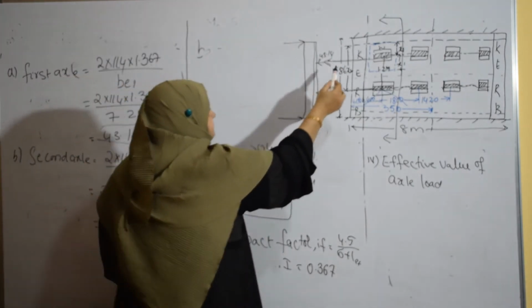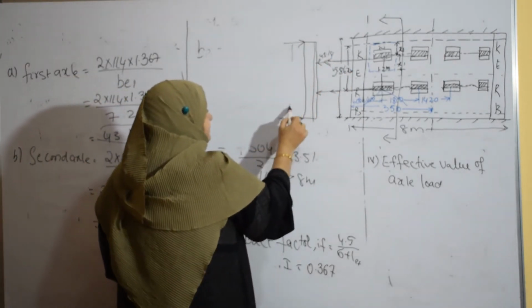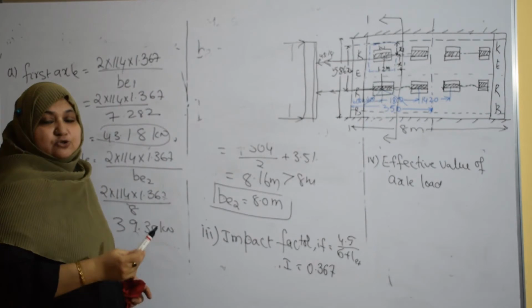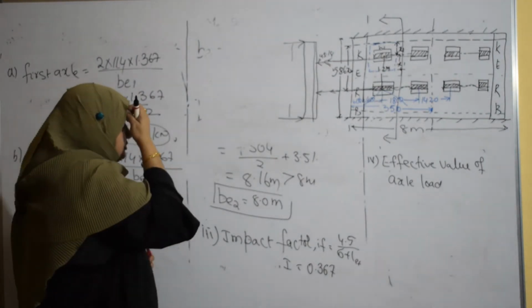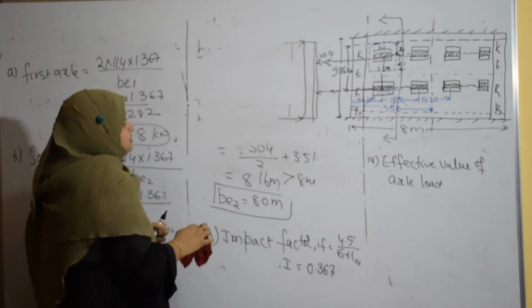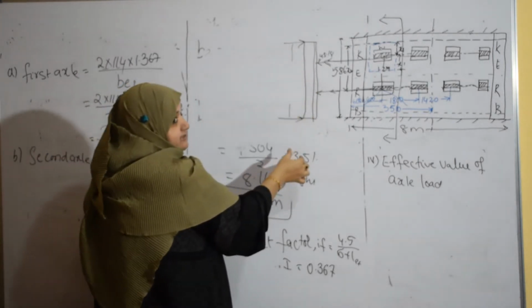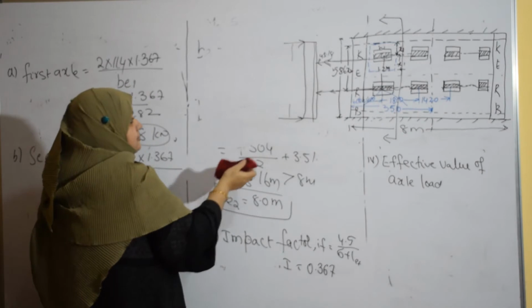The effective span is 5.86. With that diagram we can find out the maximum shear force due to live load and wheel load. Because I am showing it in a vertical way, I will rotate it to the horizontal.